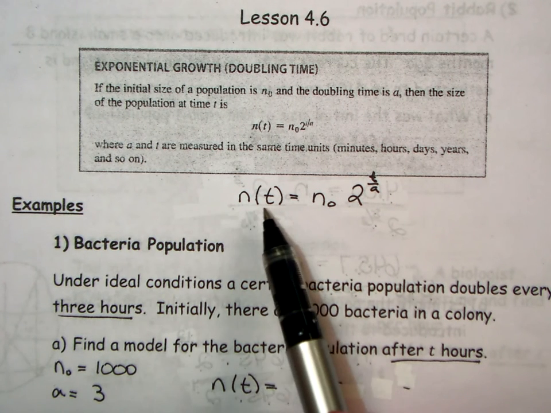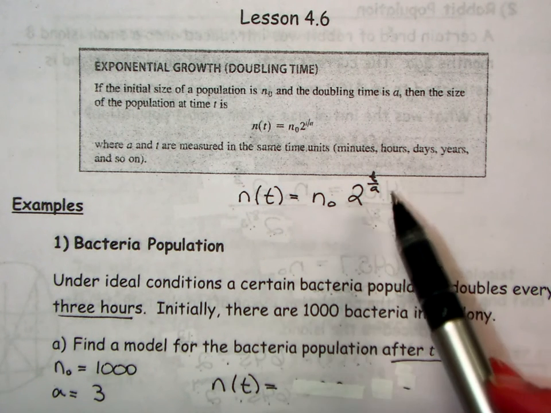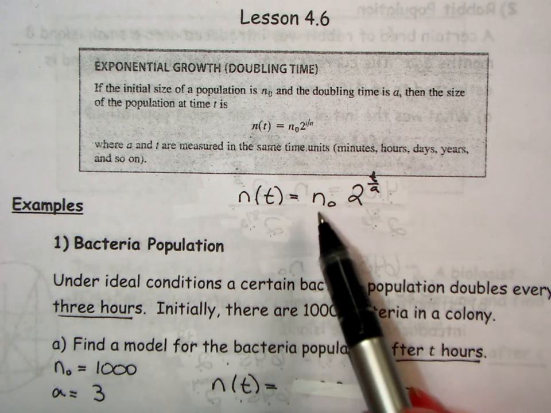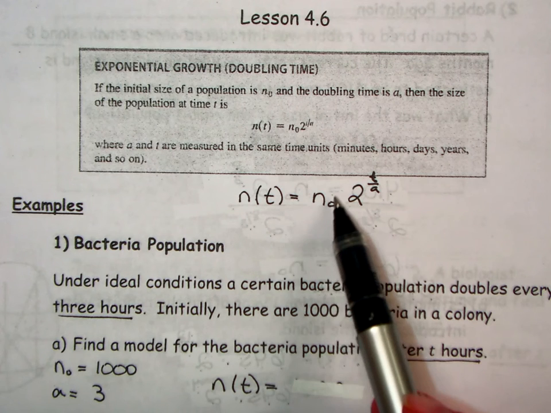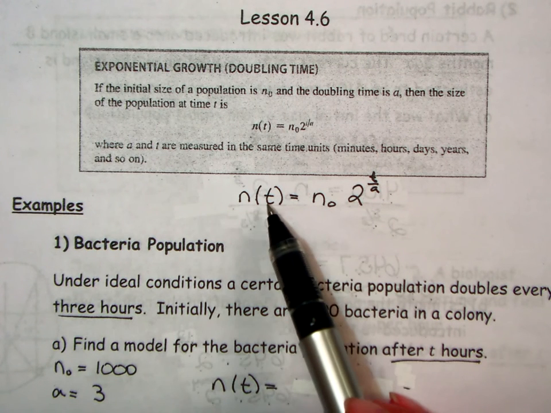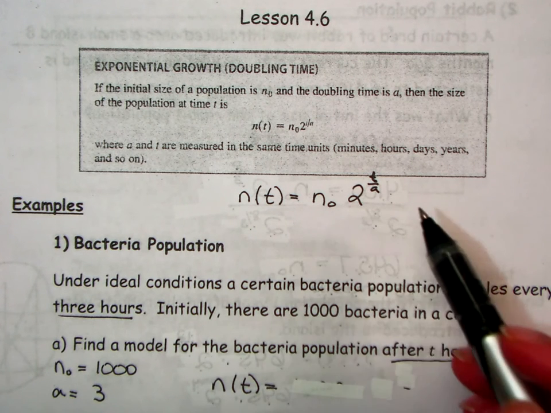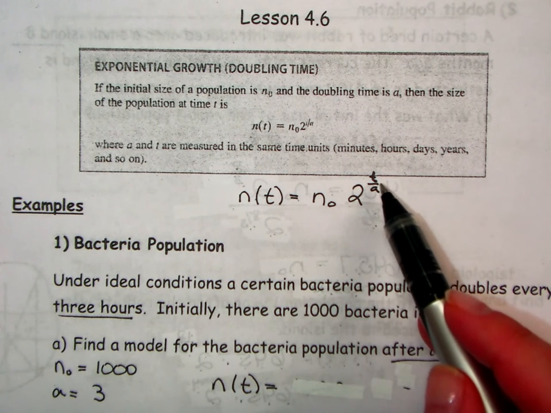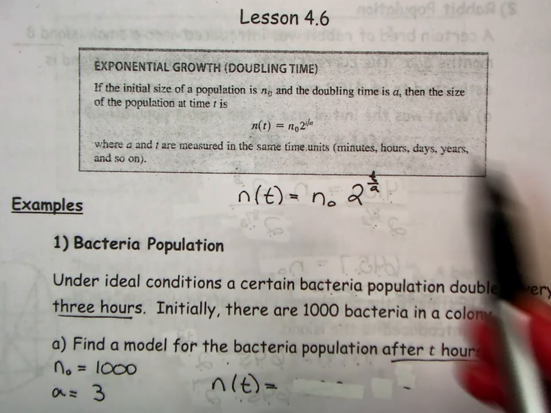So we have N of t equals N sub 0 times 2 to the t over a. All right, so N sub 0 is the initial population of whatever it is that happens to be growing. This is what the population starts with. N of t is the population after time t. 2 is because it's doubling. t is time, and a is the doubling time.